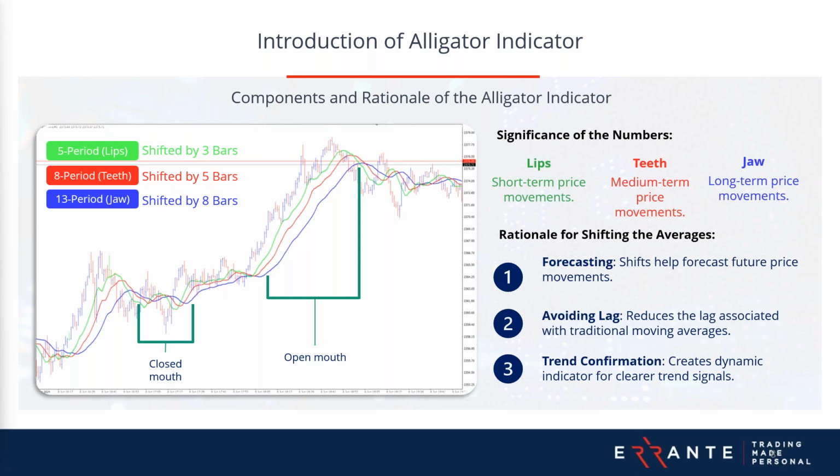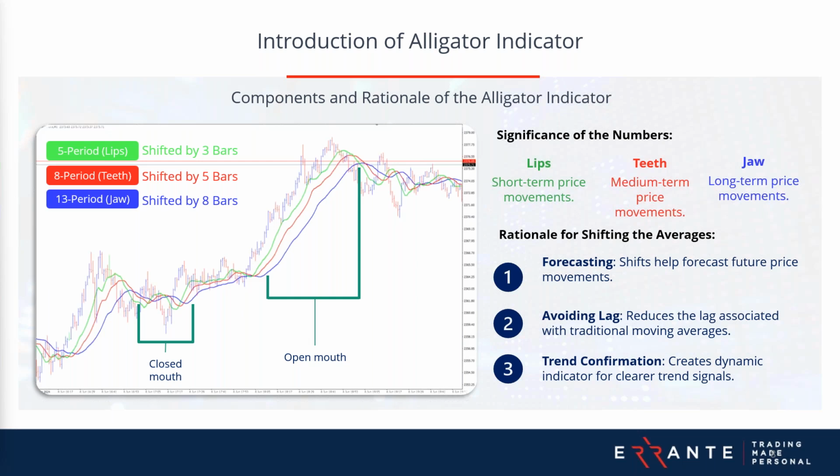When the lines are aligned and moving apart, it signals a strong trend. The separation created by the shifts provides a clearer visual representation of the trend strength and direction, helping traders to make more informed decisions.